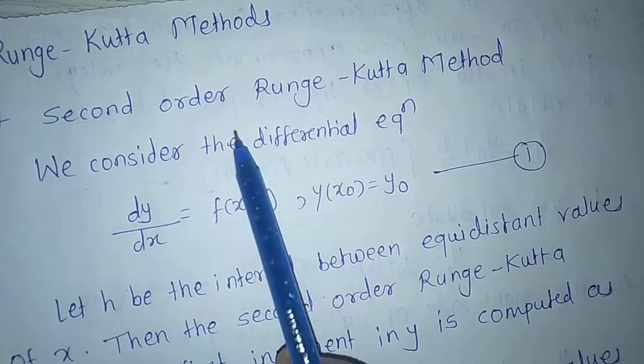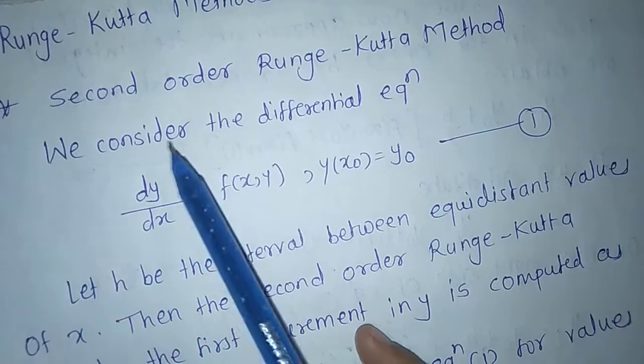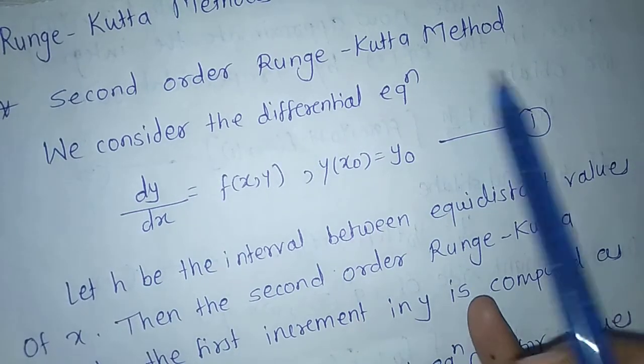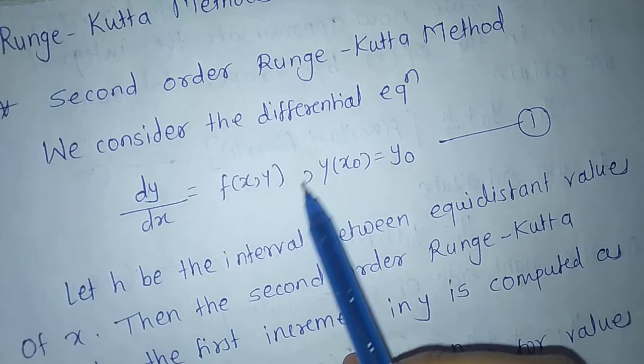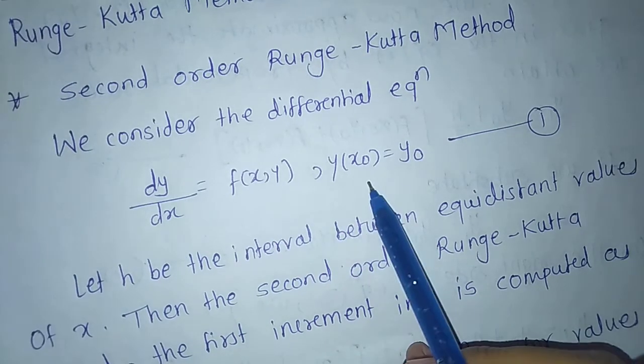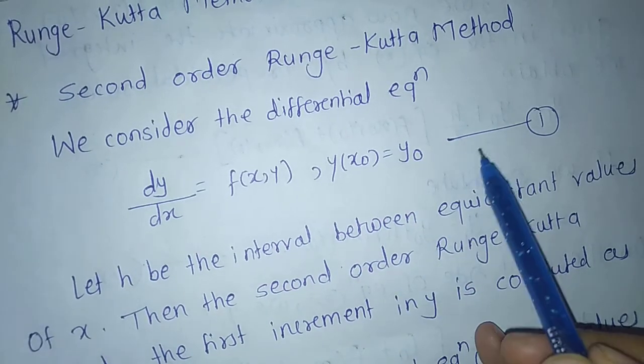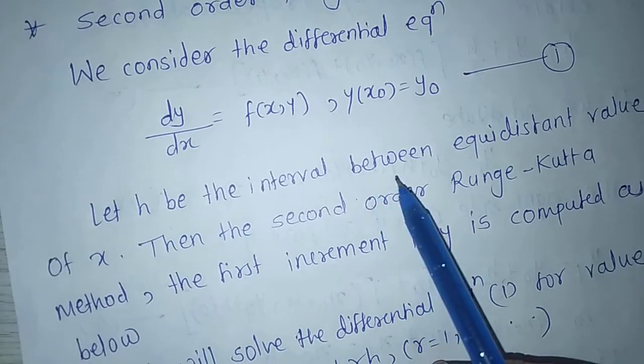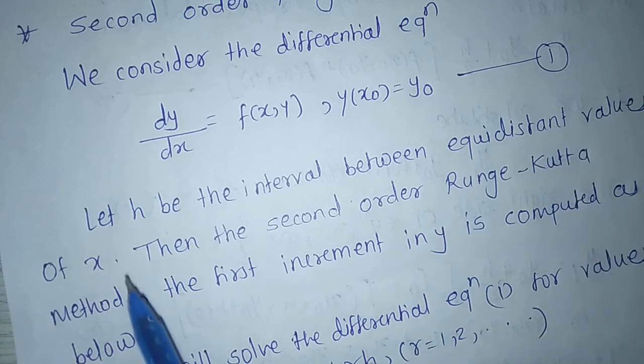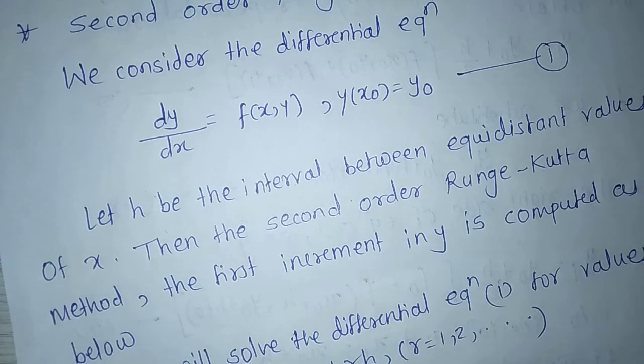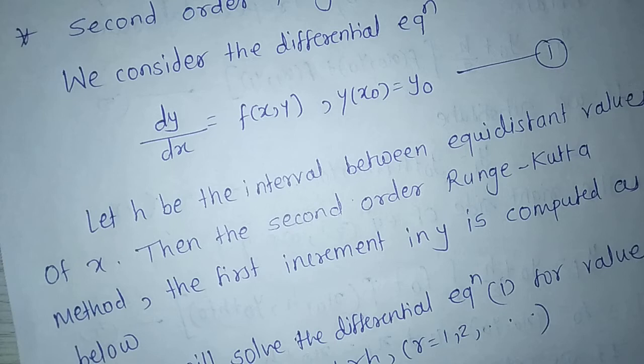First, the second order Runge-Kutta method. First we consider the differential equation dy by dx equal to f of x, y, with y at x naught equal to y naught, given as equation number 1. Let h be the interval between equidistant values of x. The values of x are nothing but equidistant with interval of difference h.